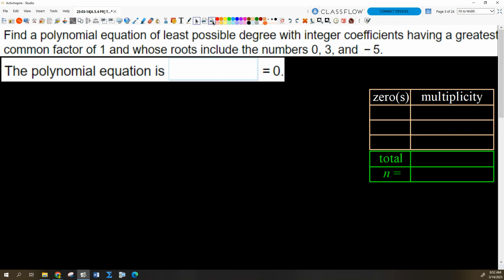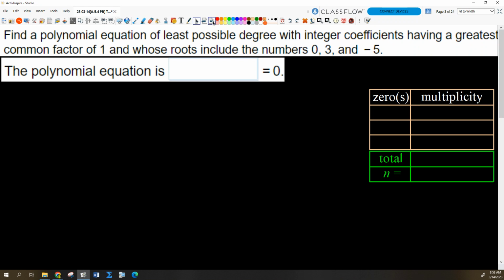Find a polynomial equation of least possible degree, so the smallest possible degree, with integer coefficients, and integers are rational numbers, aren't they? Integer coefficients having a greatest common factor of 1, that's not a big deal, and whose roots include the numbers 0, 3, and negative 5.